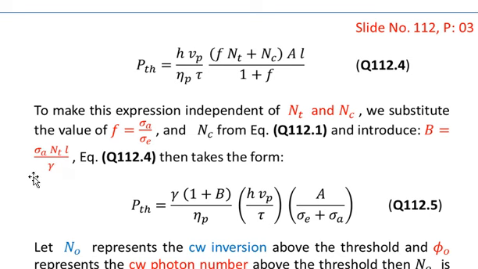So we are using the value of B, the value of F, and the value of Nc from equation number 1. Using these three, equation number 4 can be written in the following form. P threshold is equal to gamma times 1 plus capital B divided by eta P, times h nu P over tau, times capital A over sigma E plus sigma A.